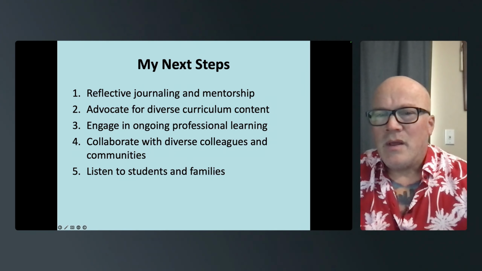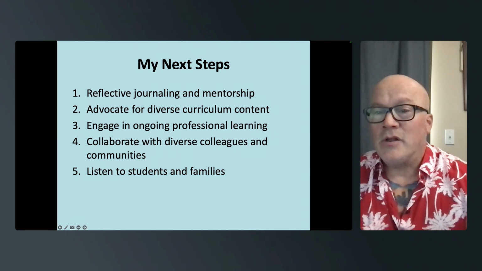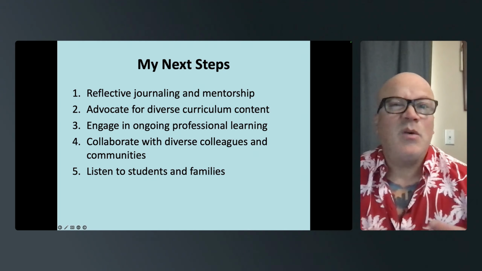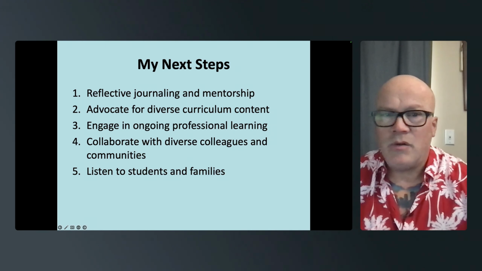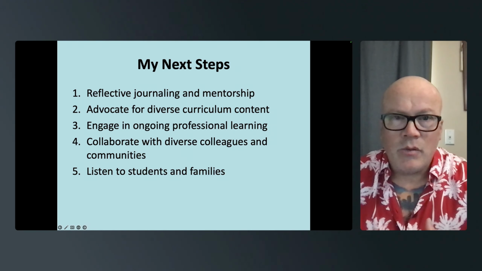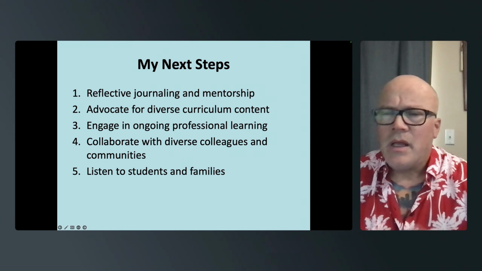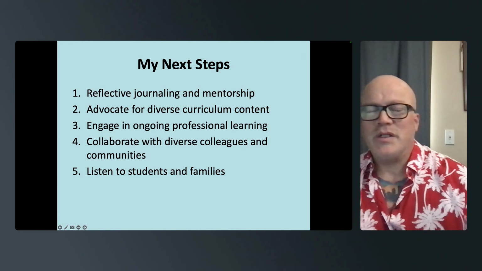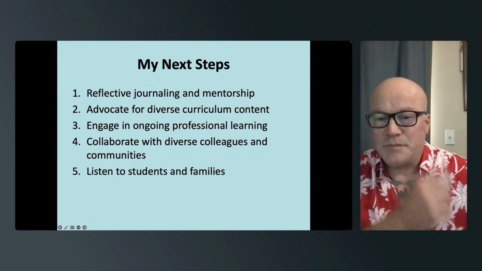But also I really want to advocate for diverse curriculum content, and I also want to keep up with my professional learning, attending workshops, having conversations with admin and colleagues, and also keep studying and reading up so that I too can always be evolving. I want to collaborate with diverse colleagues, and most importantly, I want to listen to the students, and I really want to listen to the families, because I really want to understand the community in which the students go to and thrive in once they leave my classroom.